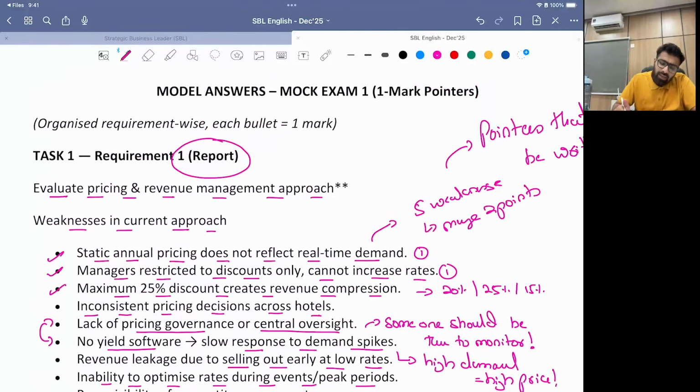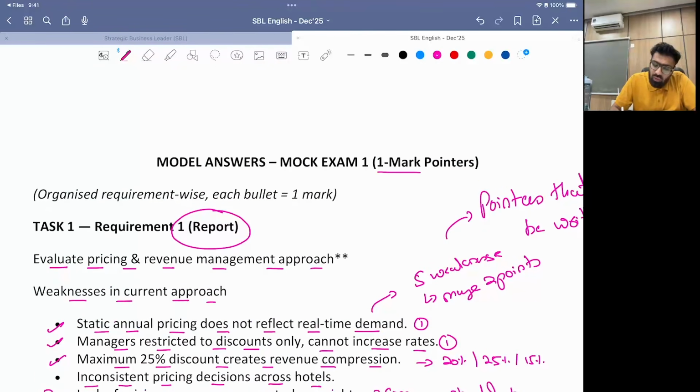I would suggest that rather than going for 2-mark pointers, just give 3 lines, get 1 mark, and move ahead. Right? 3 lines equals 1 mark, and then move ahead. This is what it requires. I believe that I'm able to communicate the right things.